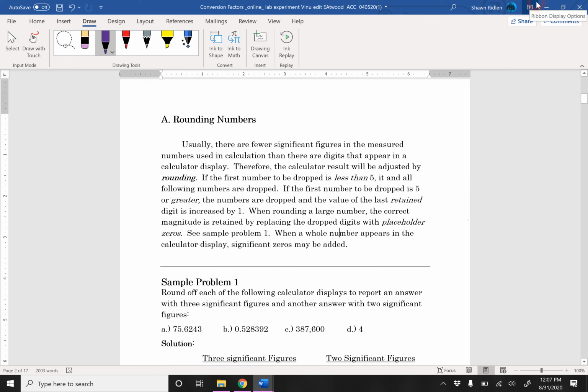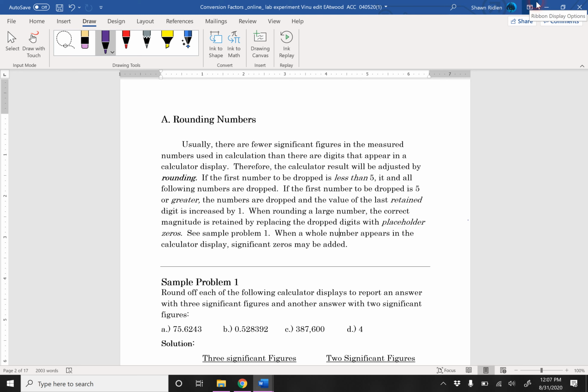Okay, so first section is just rounding numbers. So if you grew up in the US and you're used to rounding numbers, it's probably the exact same way you learned as a kid. If you grew up somewhere else and maybe you use the odd and even system, that's not the one we use here. We end up using the less than 5 and greater than 5. You're probably familiar with that as well.